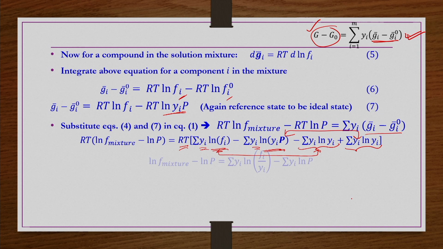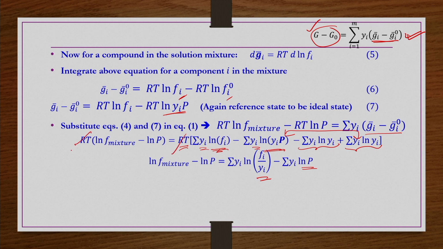Then we get ln f mixture minus ln P is equal to sigma yi ln fi by yi, and the remaining one is minus sigma yi ln yiP by yi. So yi cancels out, and we get ln P from the remaining two terms, and RT we can cancel out anyway.